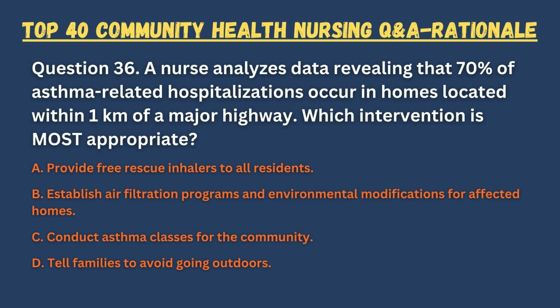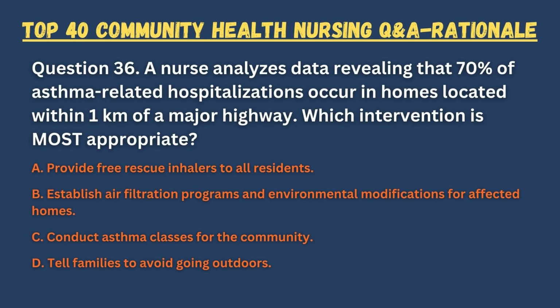Question 36. A nurse analyzes data revealing that 70% of asthma-related hospitalizations occur in homes located within 1 kilometer of a major highway. Which intervention is most appropriate? A. Provide free rescue inhalers to all residents. B. Establish air filtration programs and environmental modifications for affected homes. C. Conduct asthma classes for the community.